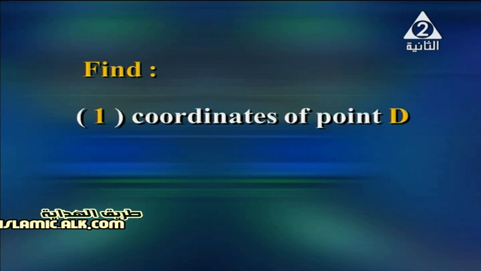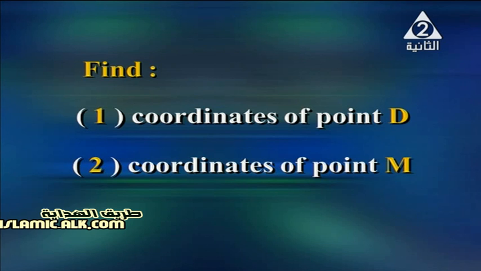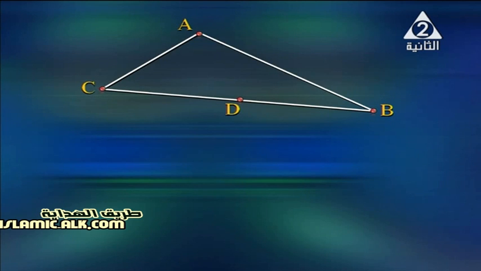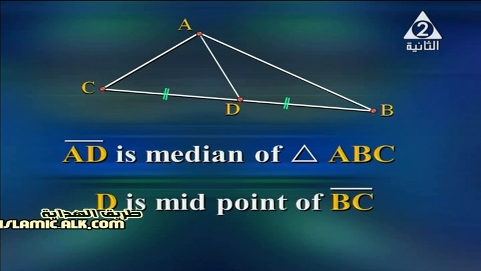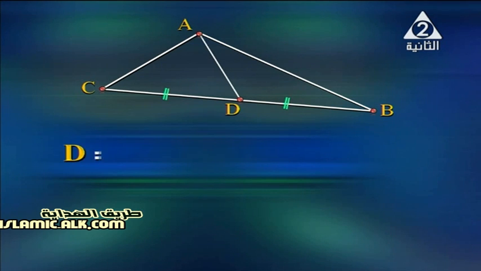Then find the coordinates of the point D, and then find the coordinates of the point M. First of all, you are going to draw triangle ABC and put D as a midpoint. So when you join AD, then AD will be a median of triangle ABC. Plot the point M as it is the midpoint of AD.